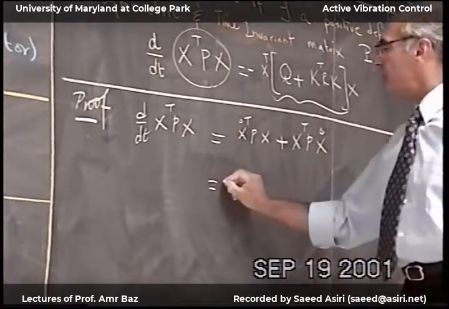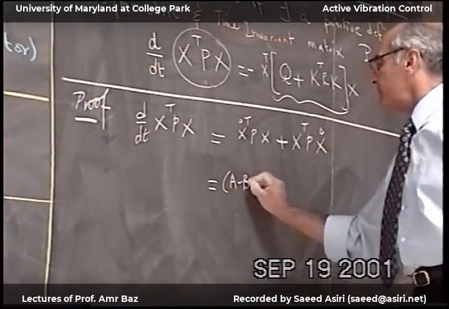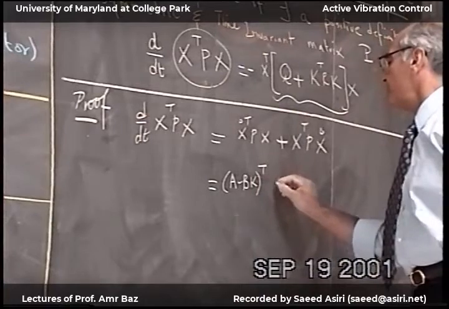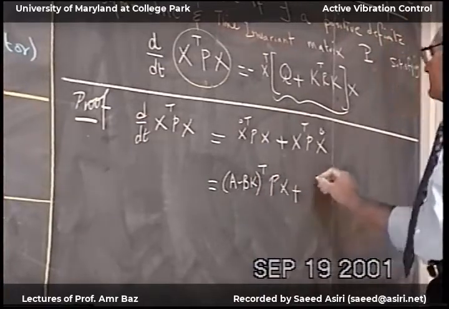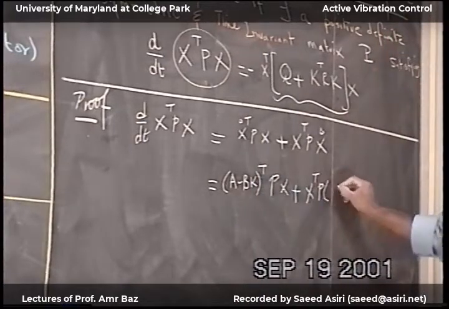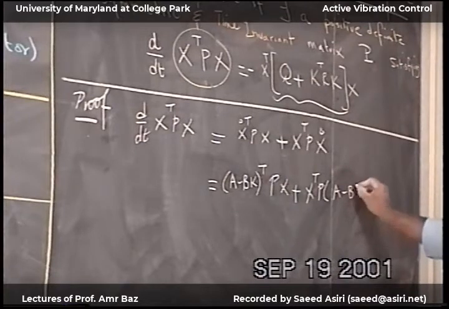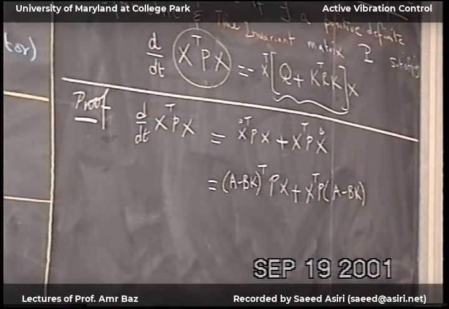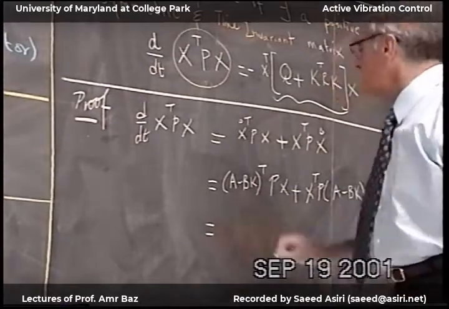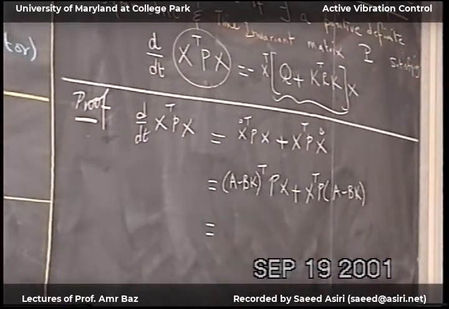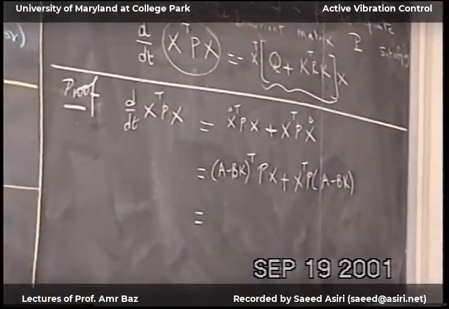So I replace x dot by (A minus BK) x, and x dot transpose by x transpose (A minus BK) transpose. And then now we'll expand and organize.